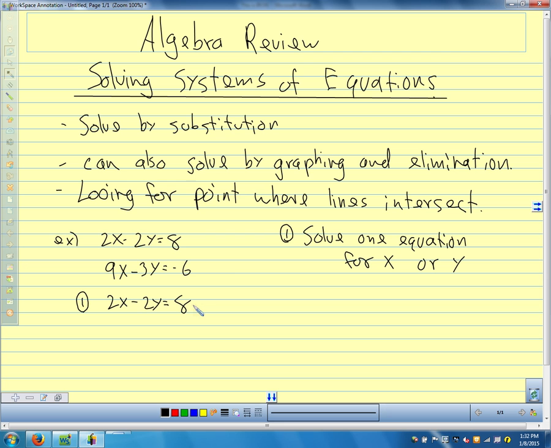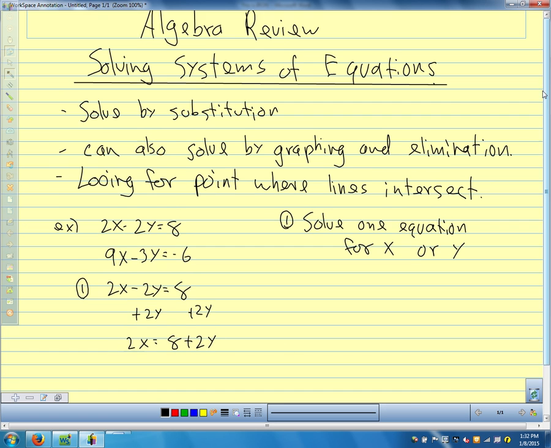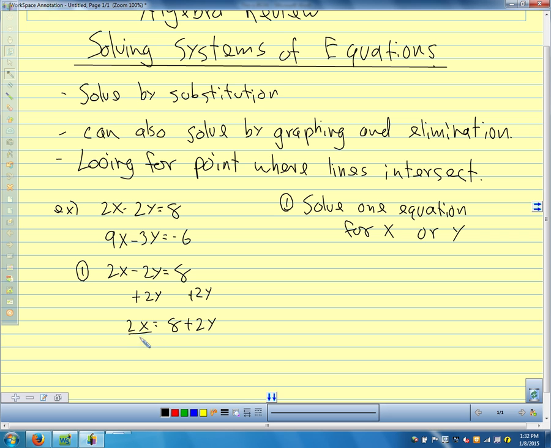Solve it for x. So I'm going to add 2y. So I get 2x equals 8 plus 2y. And then I can divide everything by 2. When I divide by 2, make sure you divide everything by 2. So I get x equals 4 plus y.